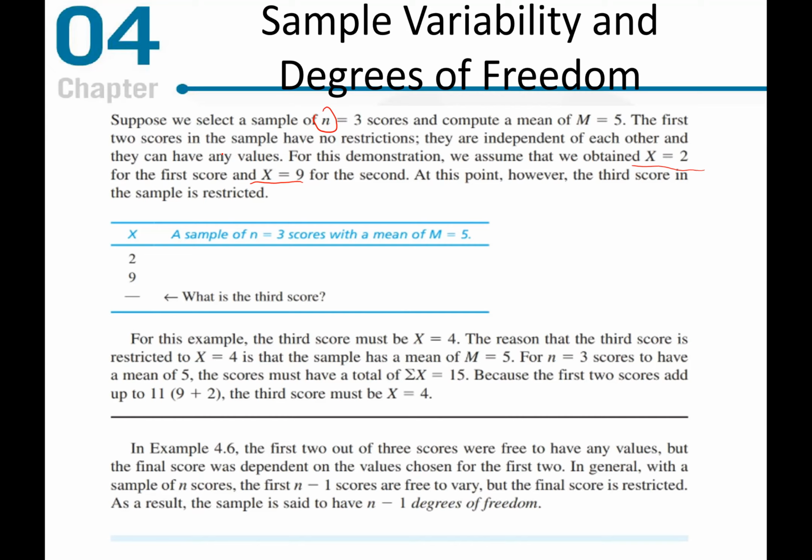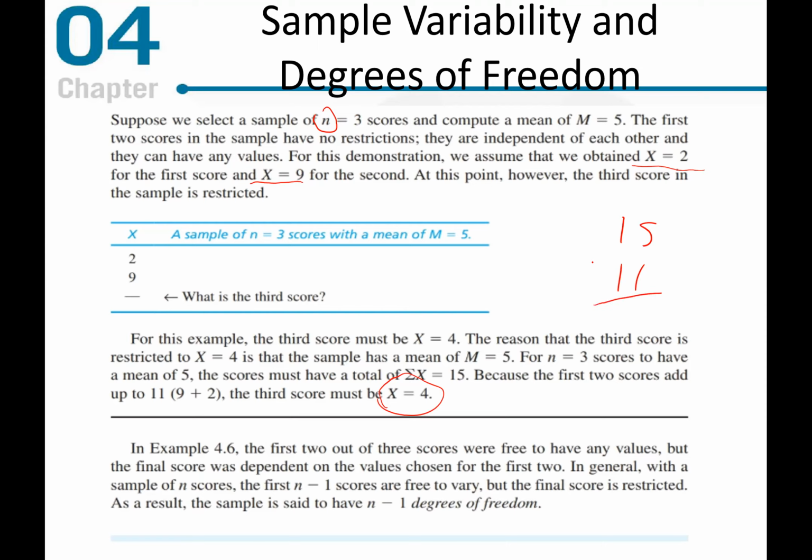Well, the third score can't vary, right? The third score has to be 4 in order to satisfy the calculations, right? Because 9 plus 2 is 11, right? And so in order to get the sum of the scores, it would be 3 times 5, which is 15. Well, if 9 and 2 is 11, right, then we need one more score.